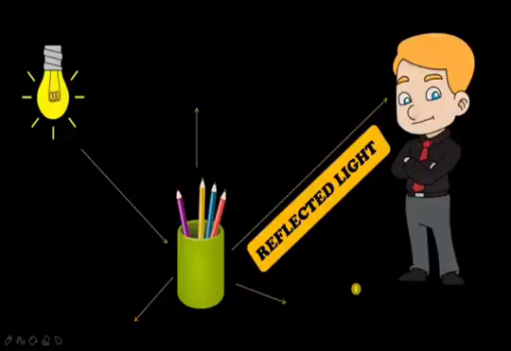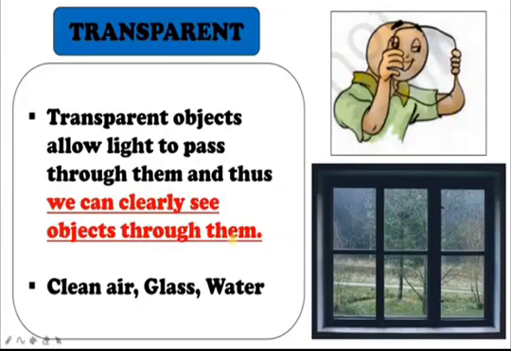How does it become transparent? The light should reflect back to your eyes. Once the light falls on a particular body, it should reflect back. So it should happen in the case of transparent objects too. These objects allow light to pass through them, and only then can it reflect back.